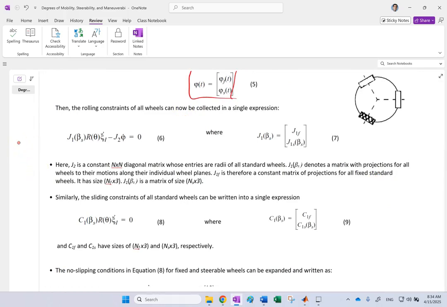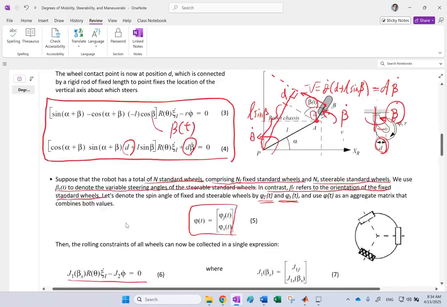If you want to look at the rolling constraint of all wheels, you can put them in a format like that. Well, where does that come from?